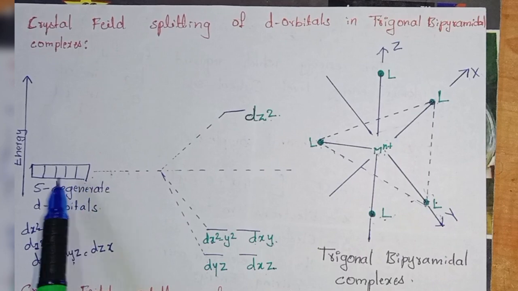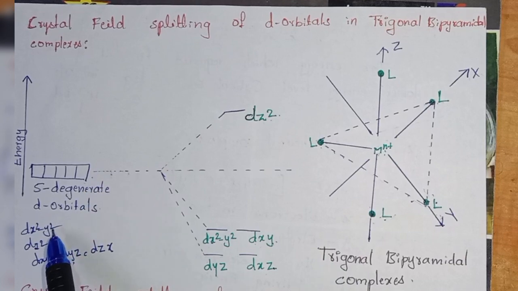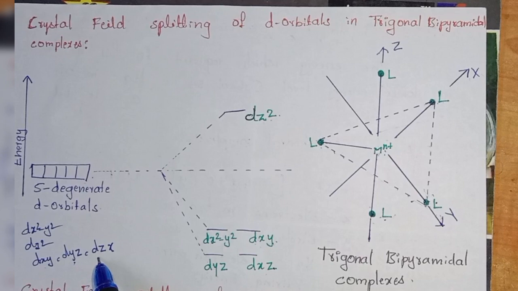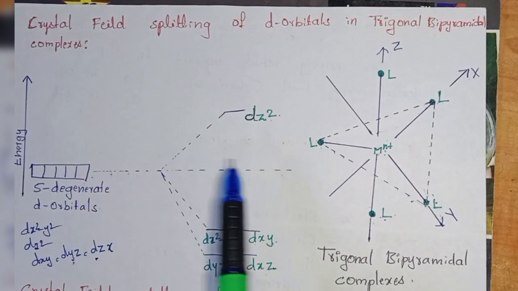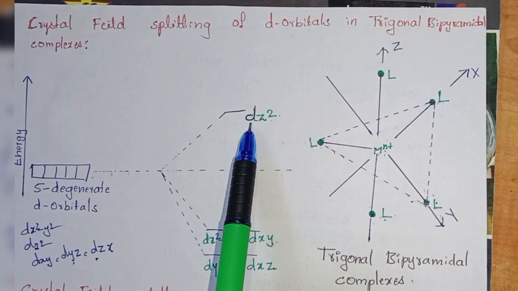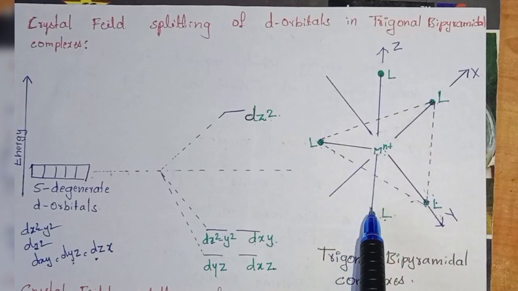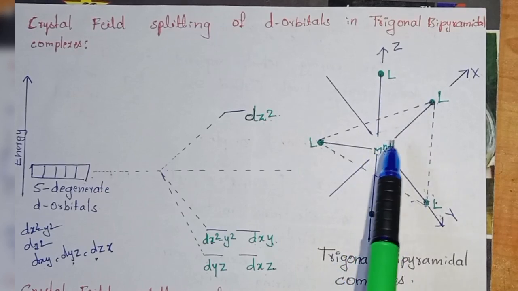So all the 5 d orbitals are, as we know, dx square y square, dz square, dxy, dyz, dzx. Therefore, the higher energy level will be taken by the dz square orbital, because along the z-axis, two ligands are approaching the metal ion.